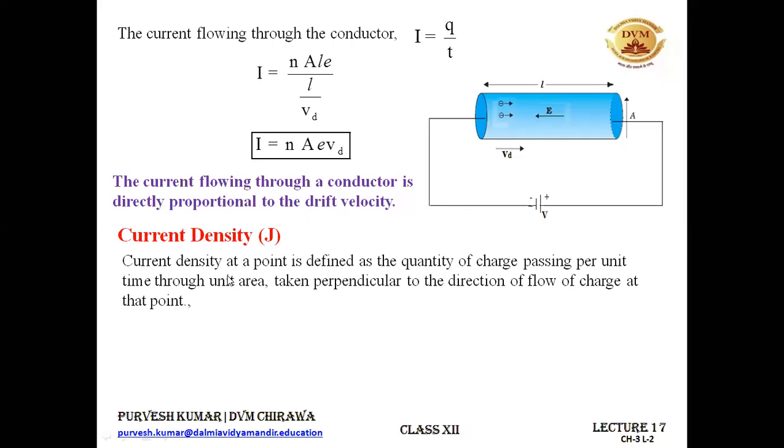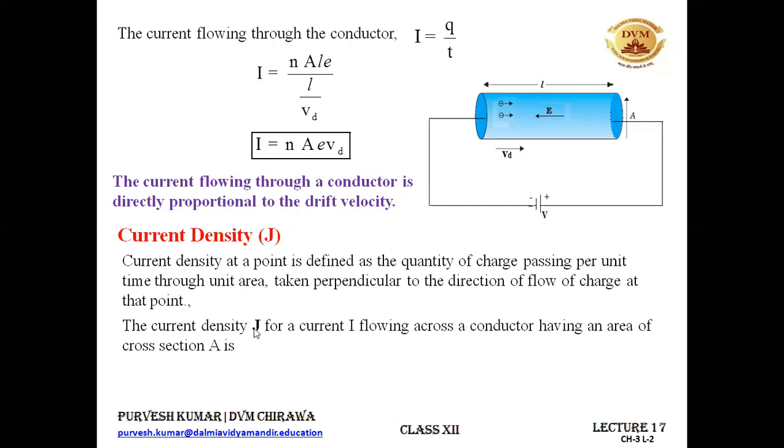And we all know that the direction of the area vector is always perpendicular to the direction of flow of charge at that point. Current density is a vector quantity, and its direction is always taken perpendicular to the direction of flow of charge at that point.